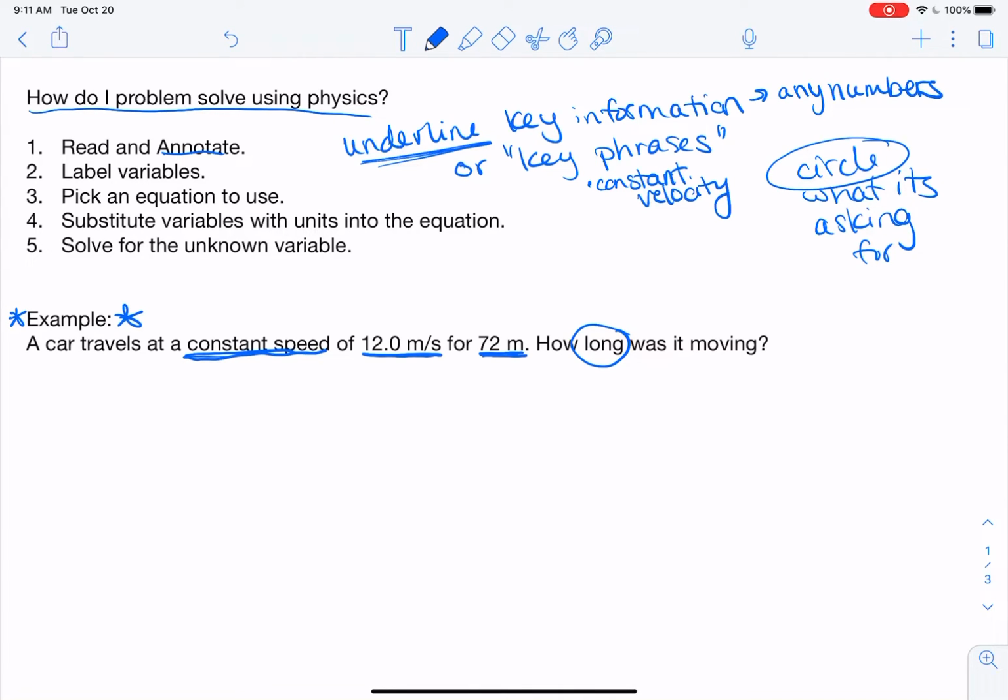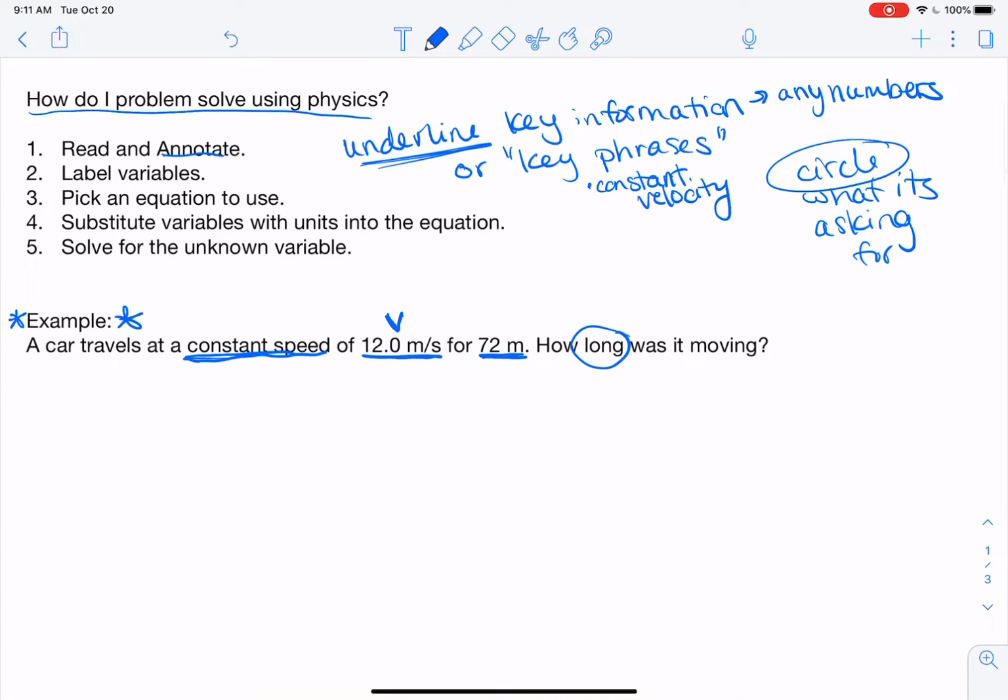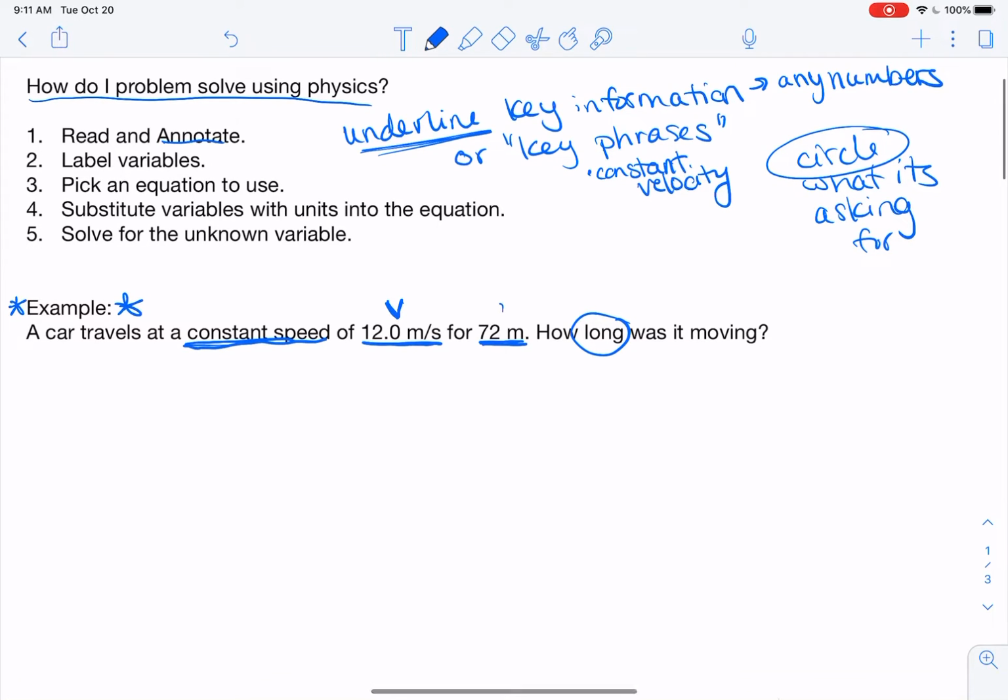So now that I've annotated it, we want to label our variables. So this 12 meters per second, that's going to be a velocity. And we know that because the units are meters per second. And it also says it was traveling at a constant speed. 72 meters, that's going to be a distance. And how long it was moving?